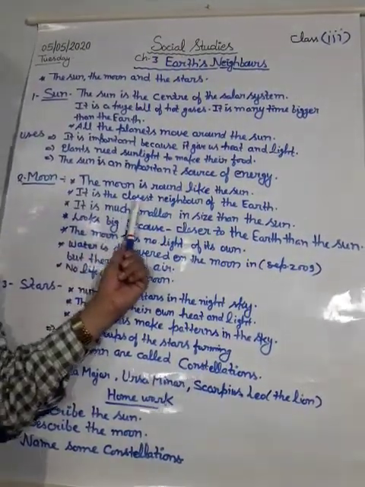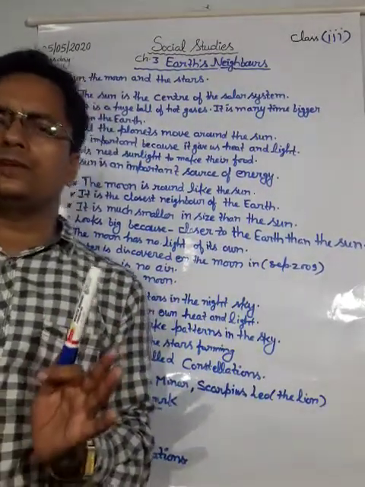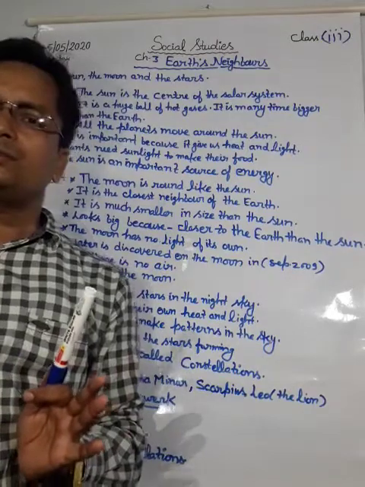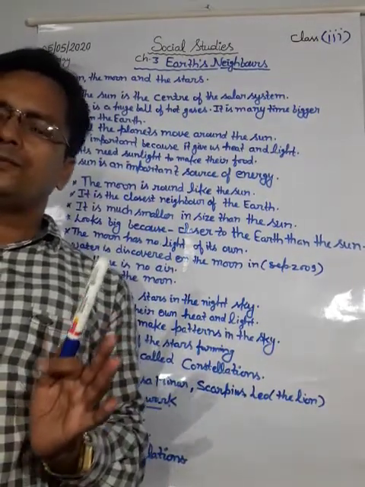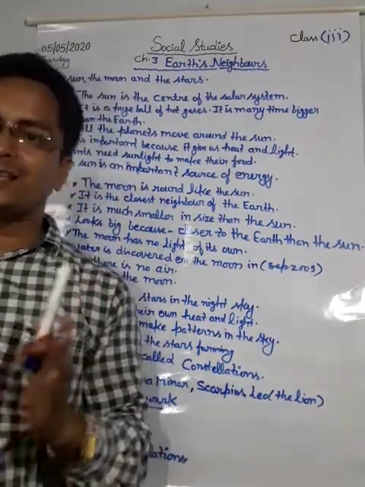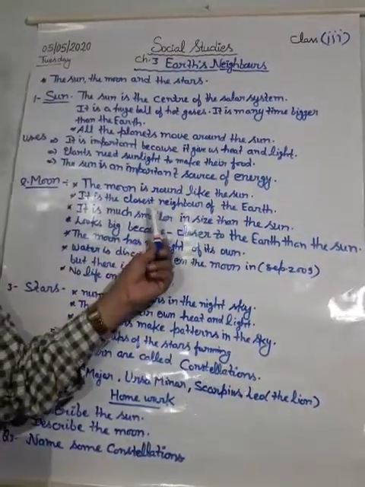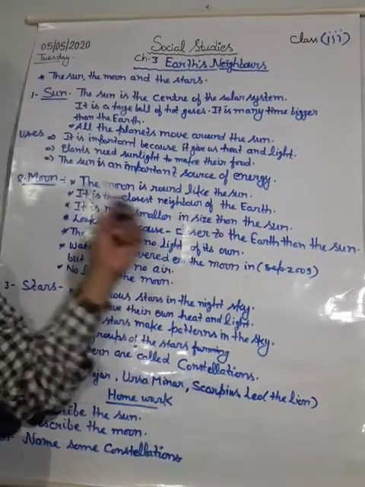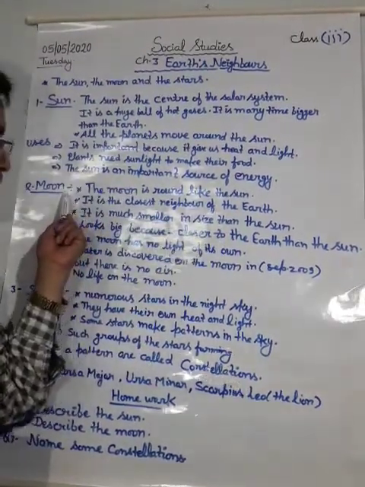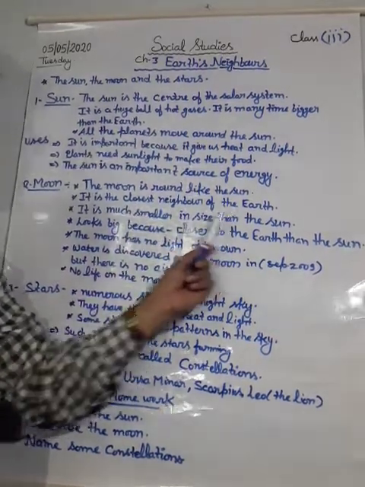It is the closest neighbor of the earth, because the earth has a natural satellite, and Earth's natural satellite is called the moon.